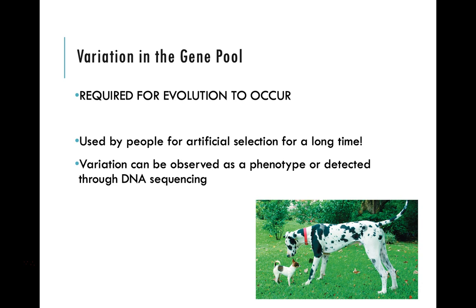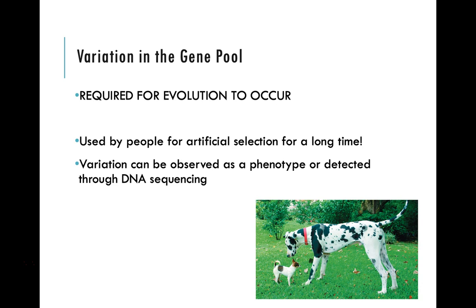The most important prerequisite for evolution to occur is variation in the gene pool, variation in the population. If there is no variation for a particular allele, no one can survive better or worse than anyone else. And therefore, evolution cannot occur, because remember, we're talking about evolution now as a change in allele frequencies.